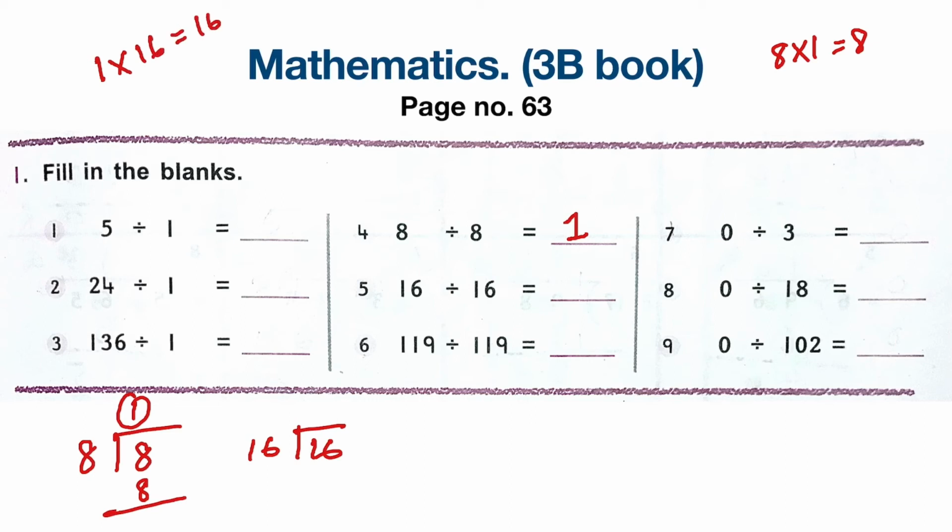And we have done the multiplication facts that we can change this position. 1 can go the other side and 16 can come the other side. That is 16 into 1. The result will also be the same. We have done this many times in our online class. So here you look, 16 into how many times is equal to 16? It is 1. So 16 into 1 will be 16. So here the answer will be 1.